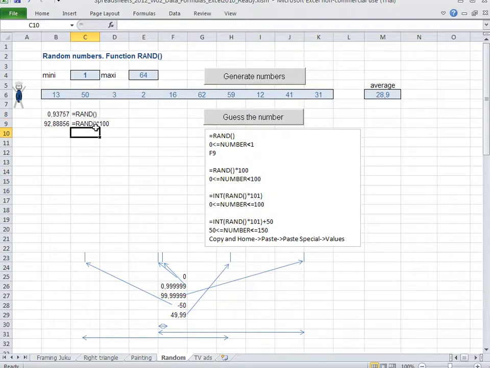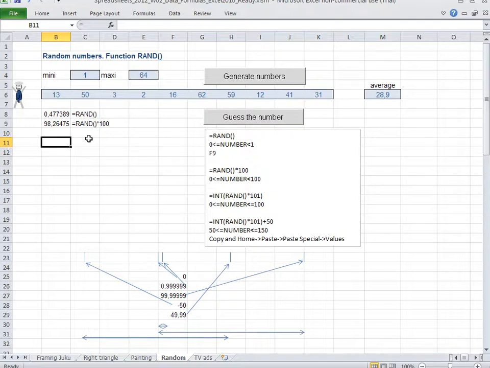Okay, but now the numbers that appear are between what numbers? It's between 0 and 99,9. And of course, once again, if we click on F9, all new numbers will be given to us.